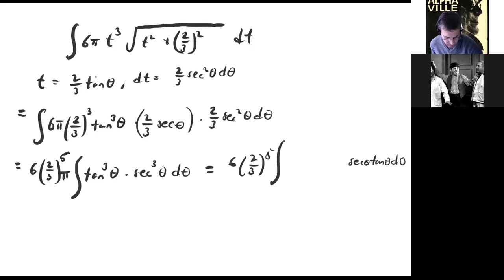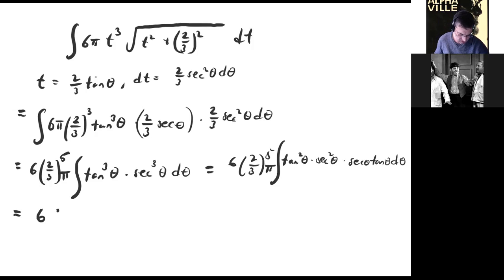And then what's left over is tangent squared theta times secant squared theta. So we're going to convert the tangent squared into secant squared minus 1. So what are we going to get? There's a pi here I'm missing.